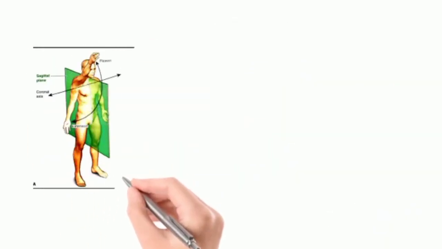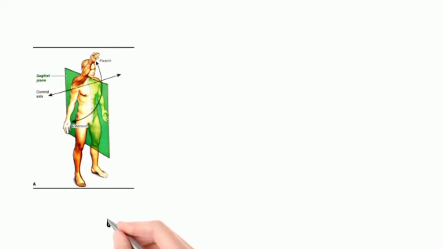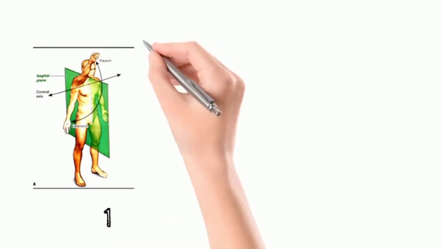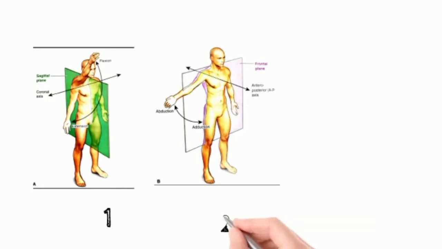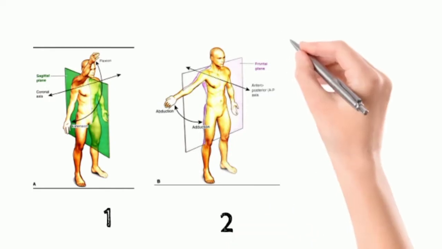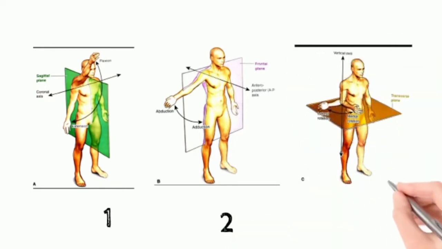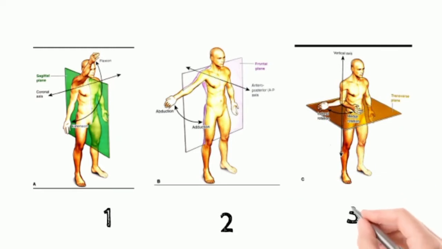The movements occurring in the sagittal plane and coronal axis are flexion and extension. The movements in the frontal plane and anterior posterior axis are abduction and adduction. And the movements in the transverse plane and vertical axis are medial rotation and lateral rotation.